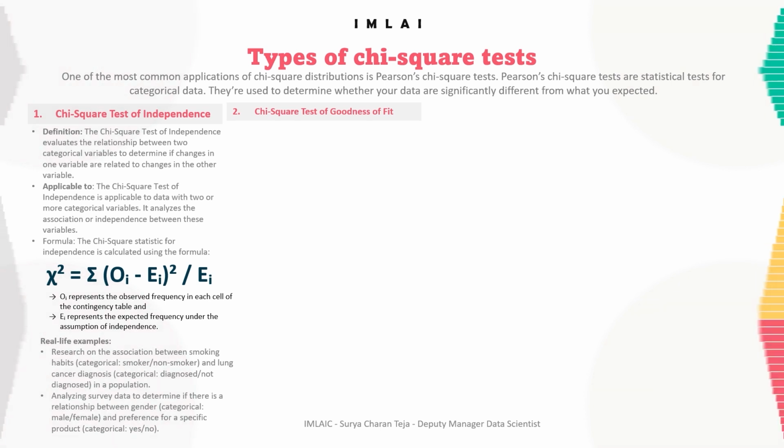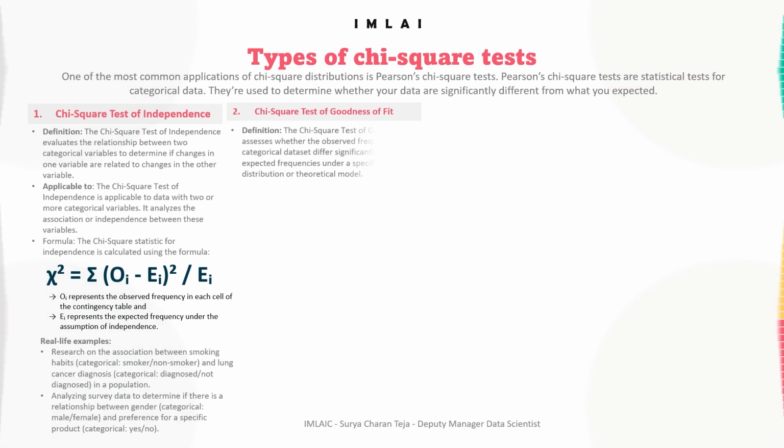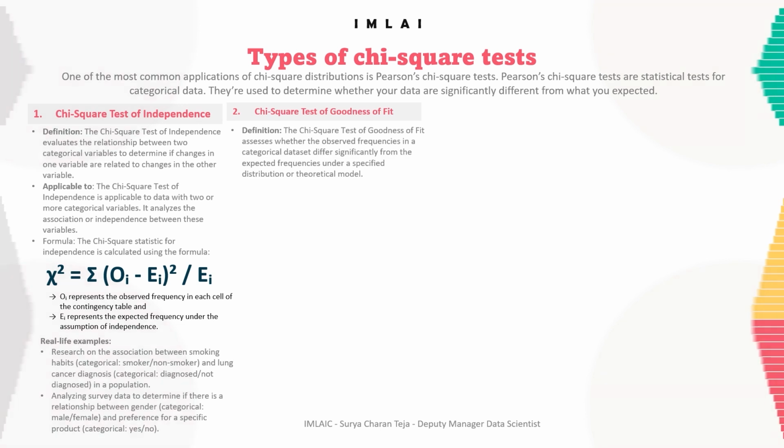So, how do we define this? The chi-square test of goodness of fit assesses whether the observed frequencies in a categorical data set differ significantly from the expected frequencies under a specified distribution or theoretical model.